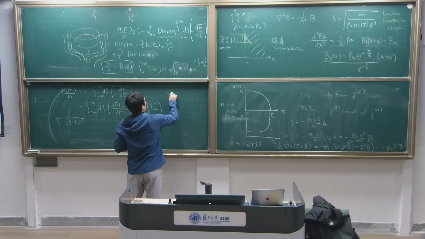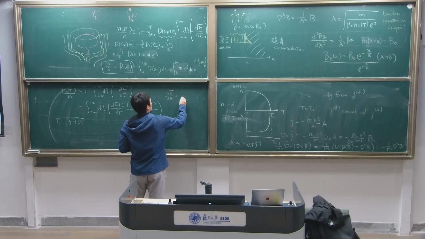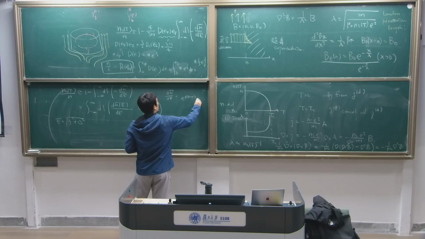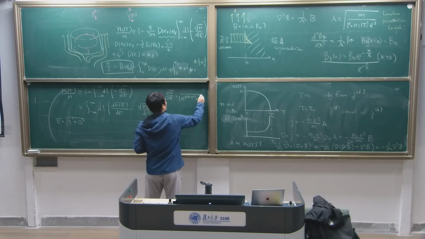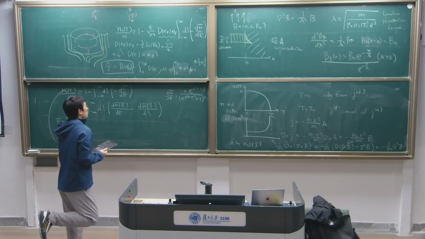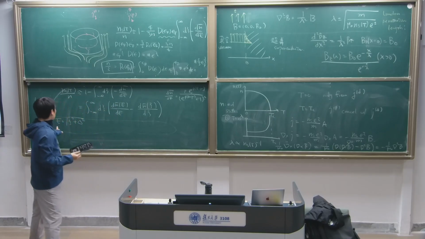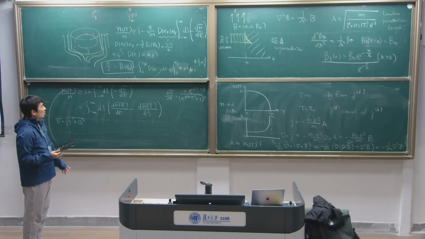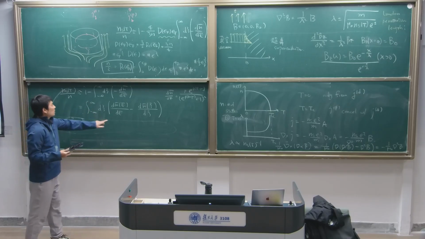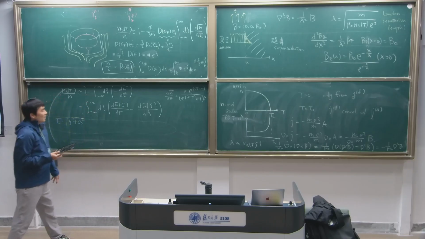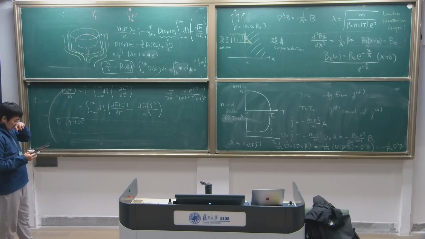So dE, something like A E to the beta, that's one, and then if you integrate over E it is something like this. And somehow if you do this integration, you should get one. I don't remember the detail.